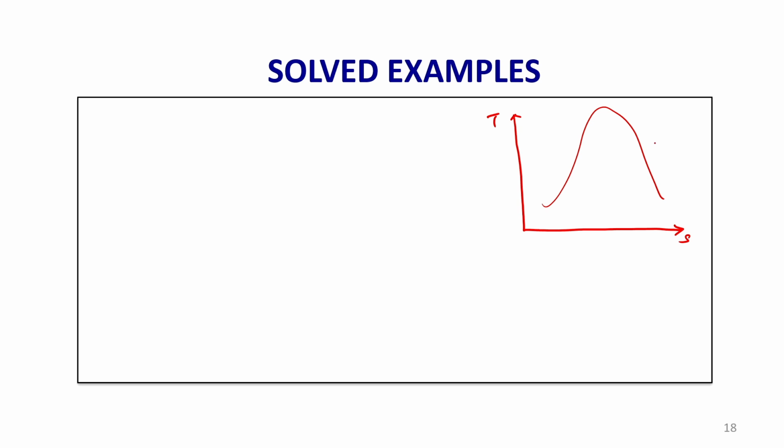So, 1 to 2 is isentropic compression, and this I will take as 2 dash. Then we have the condensation, and instead of taking this, I am taking this portion. So, this is 3 dash, this is 3.